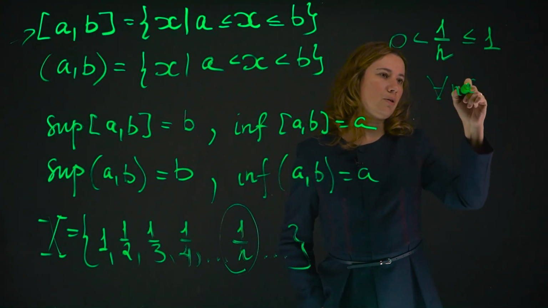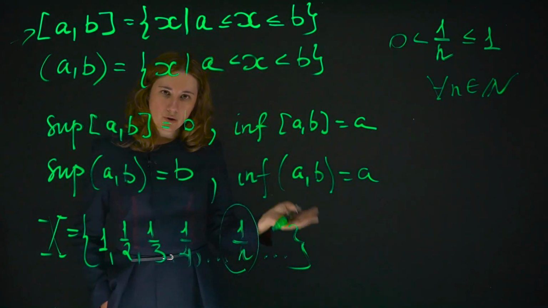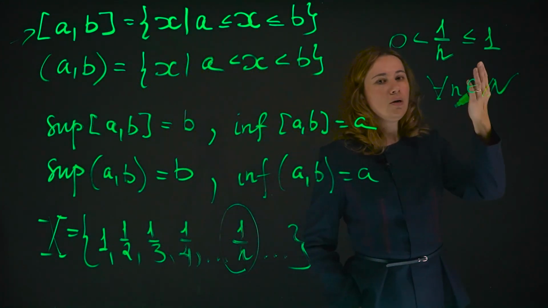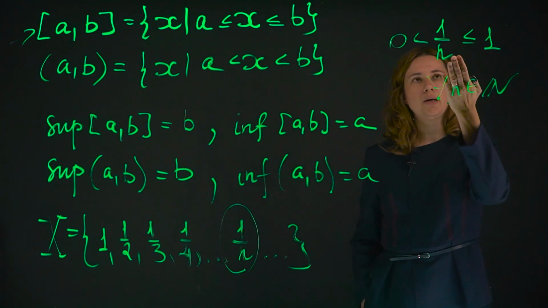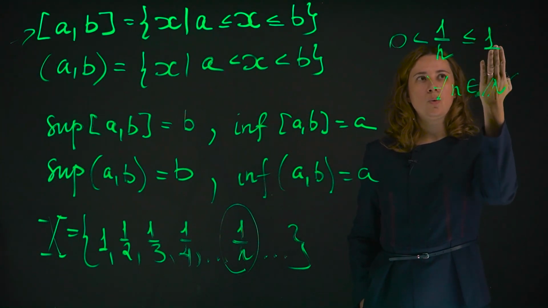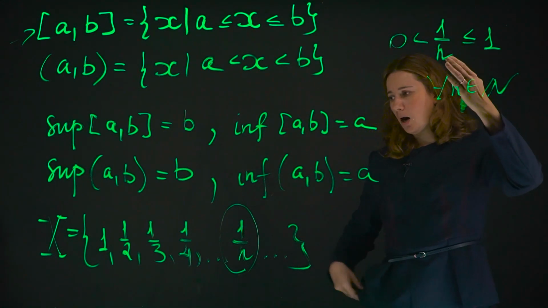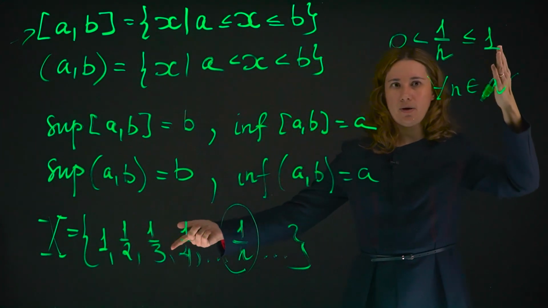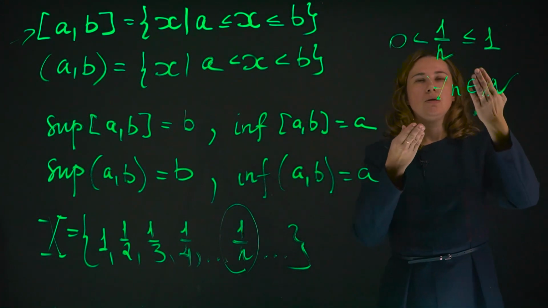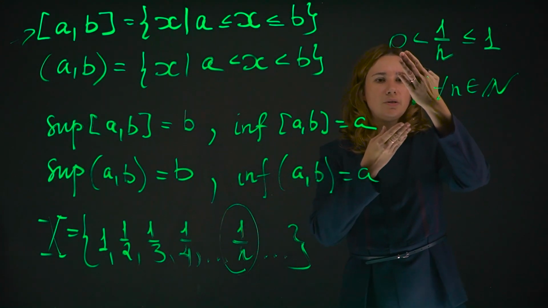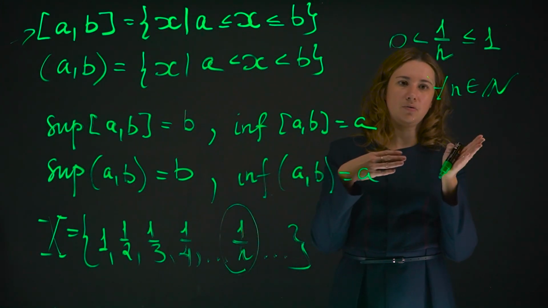For all natural n, we see that for all elements the following inequality holds: 1 over n is less than or equal to 1. So our set X is bounded from above. And one more result, 1 over n is greater than 0 for all n. So my set is bounded from below.